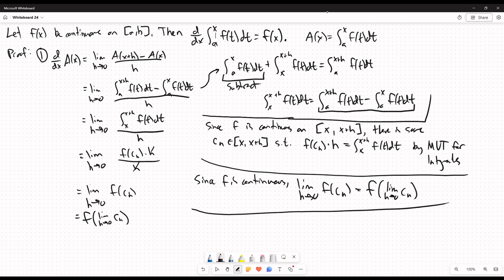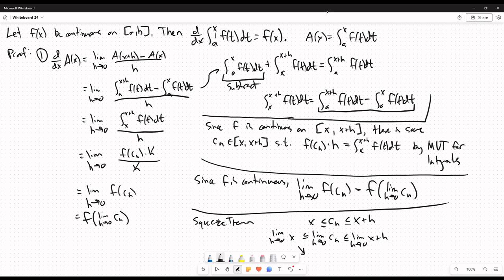And to finish this off, we are going to use our favorite, the squeeze theorem, to take this limit as h goes to 0 of c_h. Because what do we know about c_h? Well, it's between x and x plus h, which means that the limit as h goes to 0 of x is less than or equal to the limit as h goes to 0 of c_h, which is less than or equal to the limit as h goes to 0 of x plus h.